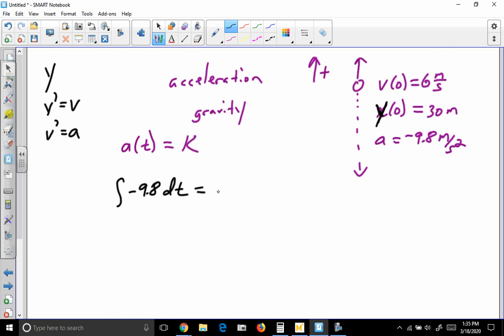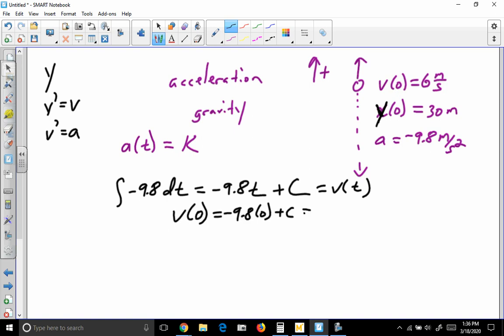So if we take the antiderivative of that, we get negative 9.8 t plus c. And we're told, so that's velocity. We're told that our velocity when t is 0, so if we put a 0 in for t, that initial velocity is 6 meters per second.